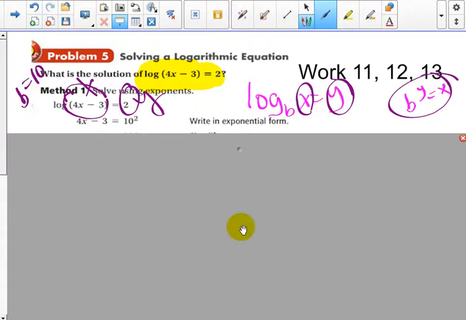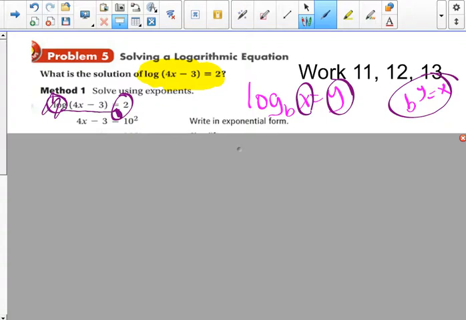Now, the way I see it in my quirky little mind is I always think in algebraic terms. What happens to this thing as I tick it across the equal sign? What happens to a log as it crosses over? Well, it changes to a 10, and it scoots that 2 up to be a power.